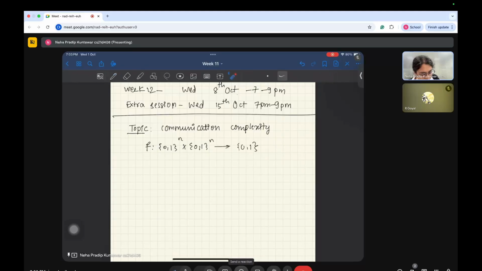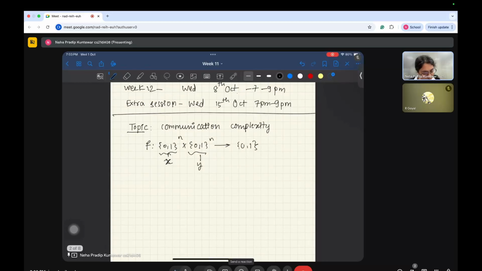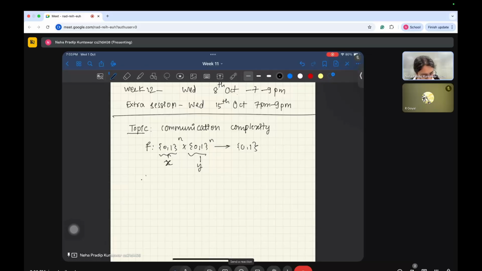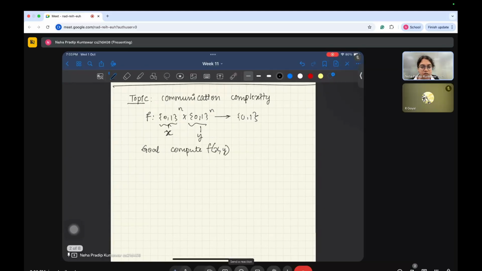This really need not be n and n as such, it could be asymmetric as well, but for now let's assume. So x is an n-bit string and y is an n-bit string, and the goal is to compute f of x, y. But the problem is that we don't know the value of x and y altogether.